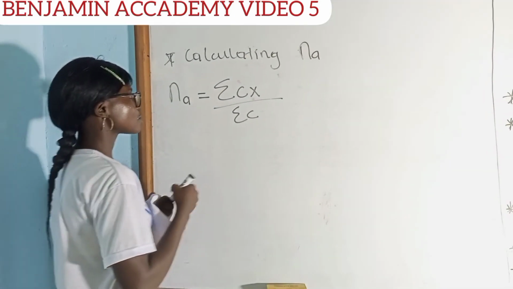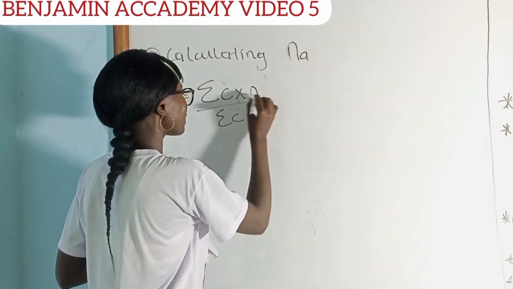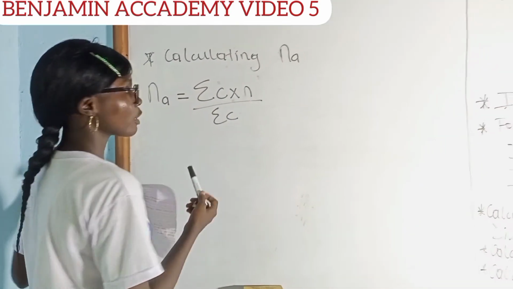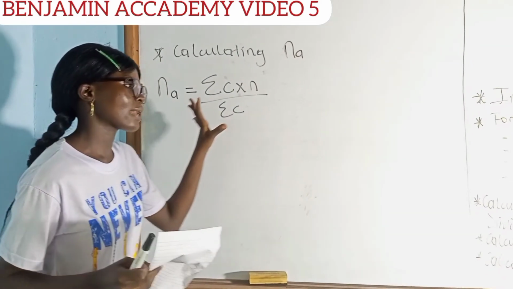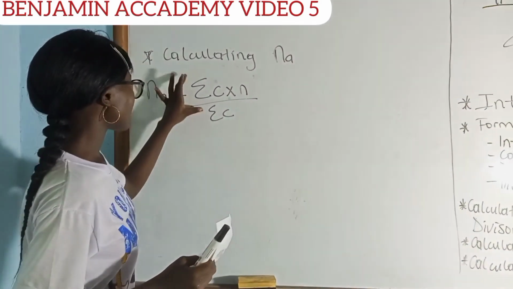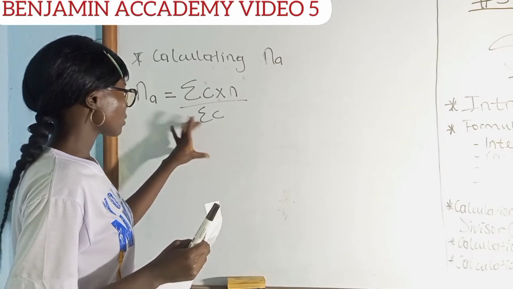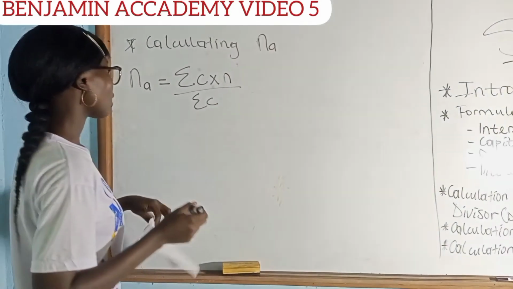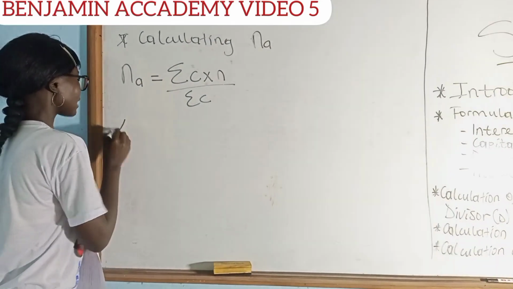To calculate this, it is summation C times N over summation C, where they give you different capitals and their durations. So you multiply and take the sum, and you divide by the sum of the capitals, which will give you your average duration.